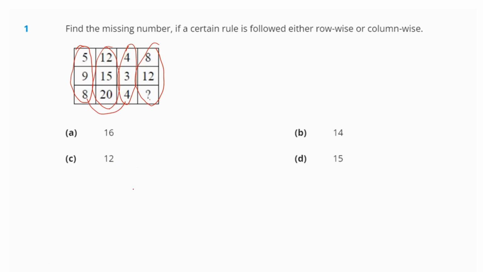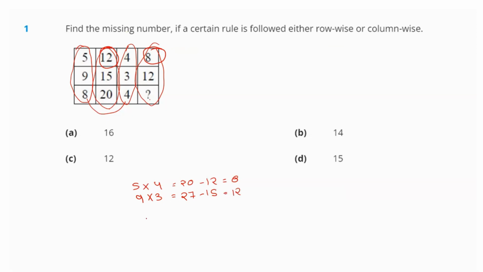So if we multiply 5 and 4, we get 20. And if we subtract 12 from it, we get 8. This is 12 and this is 8. Let's try this rule in the second as well. If we multiply 9 and 3, we get 27. And if we subtract 15, we get 12.